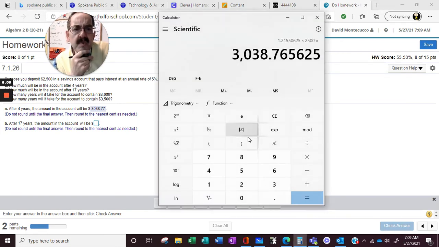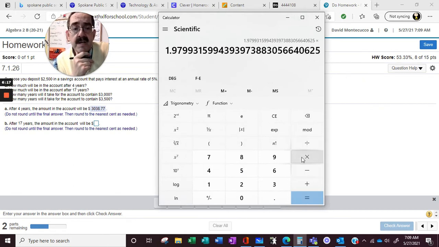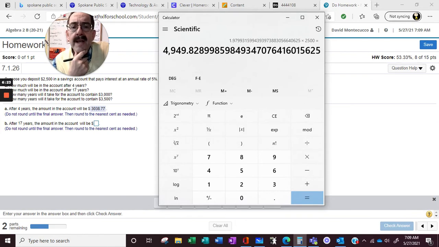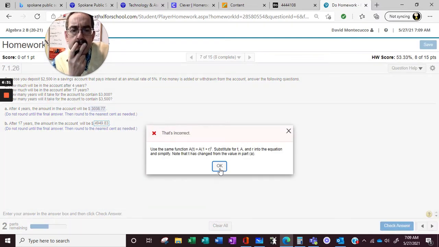After 17 years, so all we're going to do is the same problem instead of to the 4th power. So we had 1.05 x to the y for 14 years times the 2,500. 4949.83. Did I put 17 years?